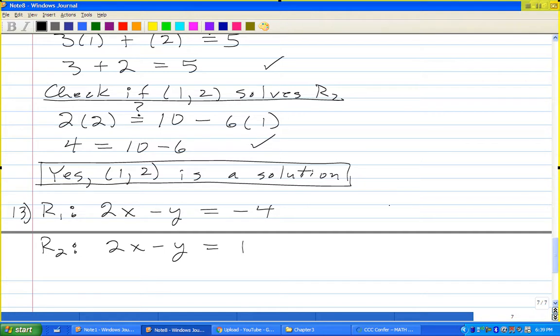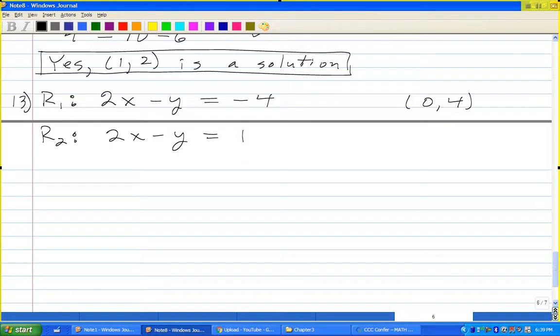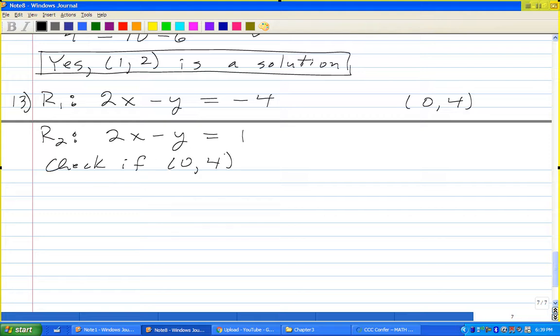And so they ask, is (0, 4) a solution? So let's check if (0, 4) solves the first equation.